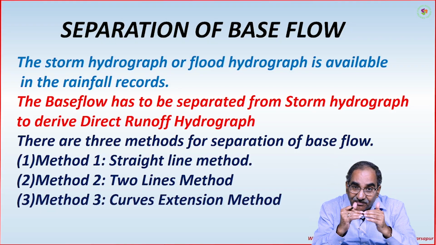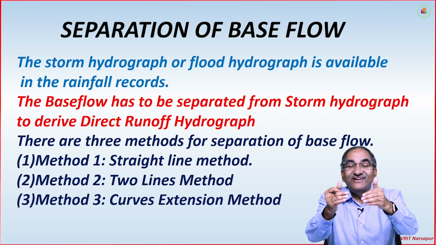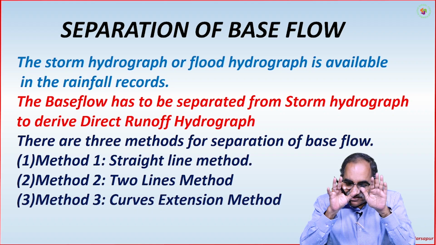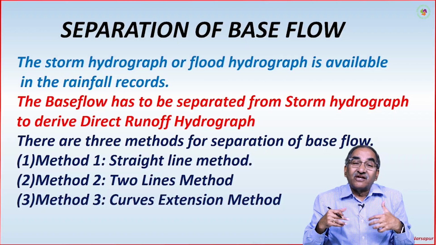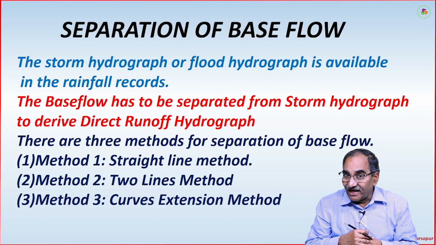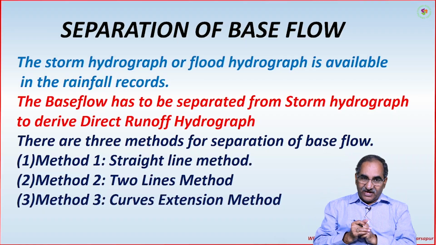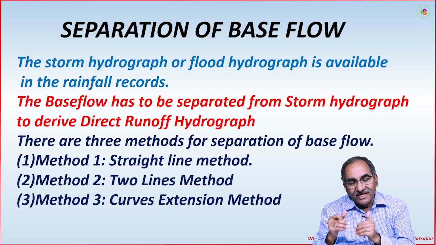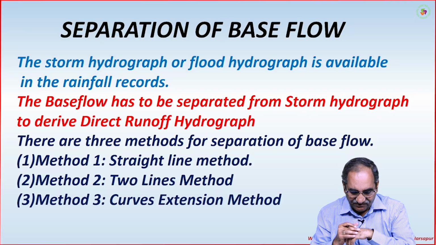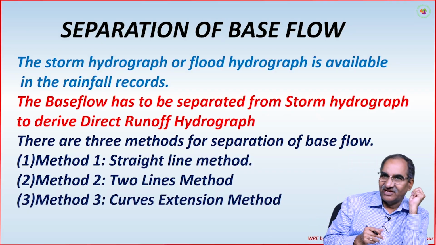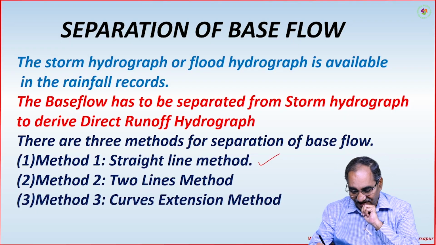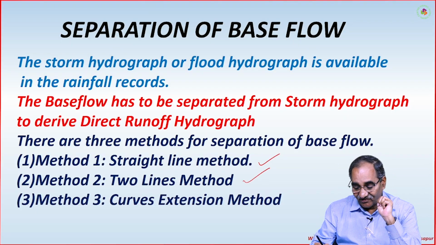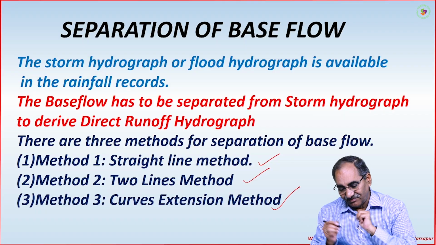Now how do we separate that base flow and find out what is direct runoff? That is the objective of our discussion. What techniques are available? Mainly three methods: one is the straight line method, the other is the two lines method, and the third is the curves extension method.